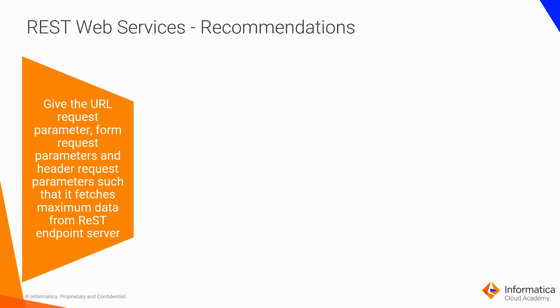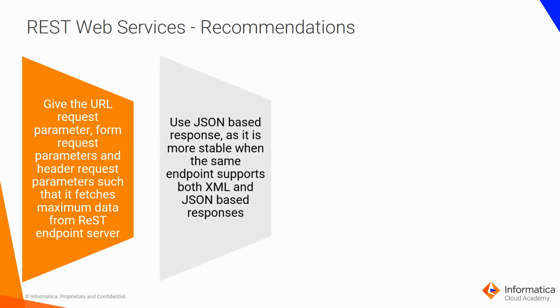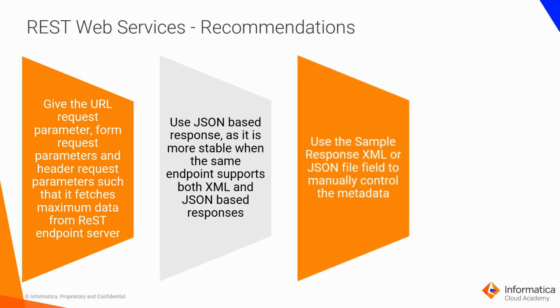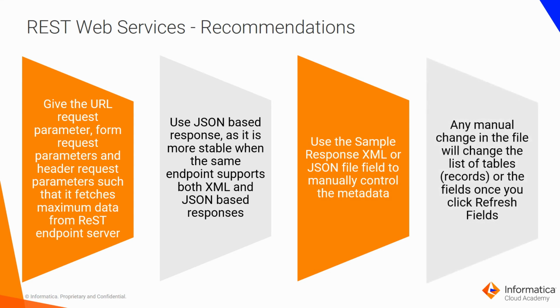This allows the connector to analyze and store more metadata. Use JSON-based response, as it is proven more stable when the same endpoint supports both XML and JSON-based responses. You should use the sample resource XML or JSON file field to manually control the metadata. Any manual change in the file would change the list of tables or records or the fields once you click Refresh Fields.